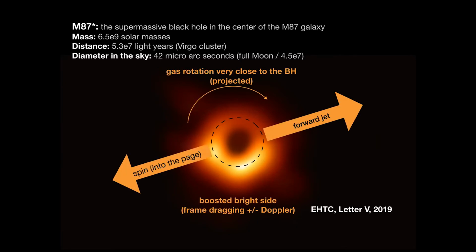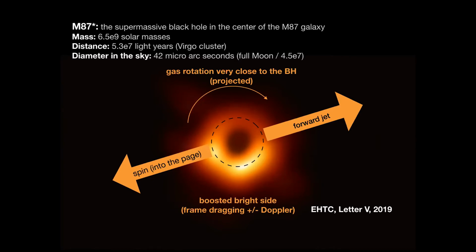Performing the analysis of this object and trying to interpret it in the framework of GRMHD simulations, we built up an interpretation. There is this forward jet, which you have seen in the previous images, and we understood that this black hole needs to be rotating and that the spin needs to be pointed into the page.